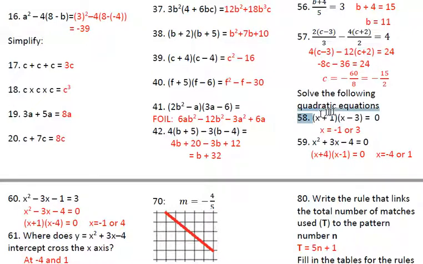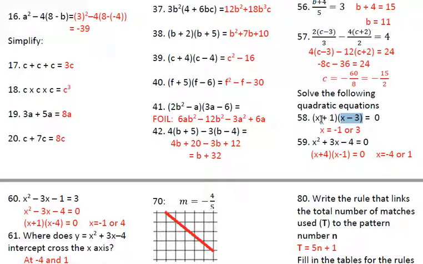Alright, so this is in fact a factor here. x plus 1 is a factor, and x minus 3 is also a factor. If either of those factors, either x plus 1 is 0, or x minus 3 is in fact 0, then it's going to work.